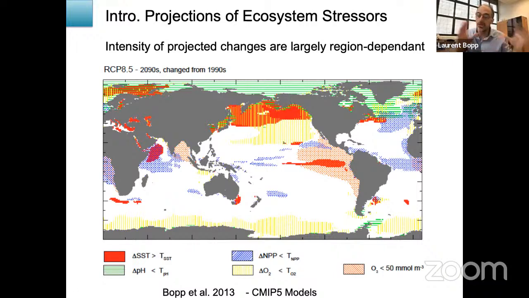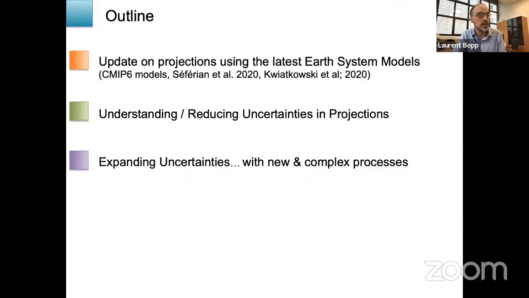So we have some knowledge for the global scale, still with uncertainties, but also some knowledge at the regional scale, again with uncertainties. So what I will do in the coming half an hour or 20 minutes, I will save time for questions, is to first give you an update on these projections using the latest Earth system models.